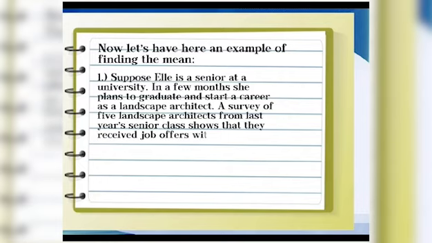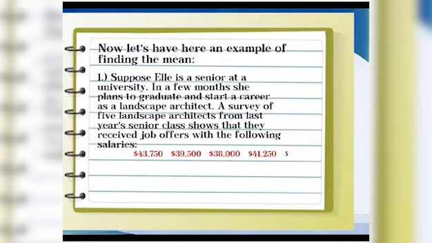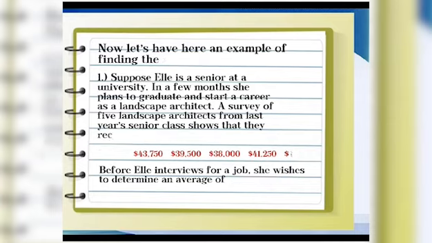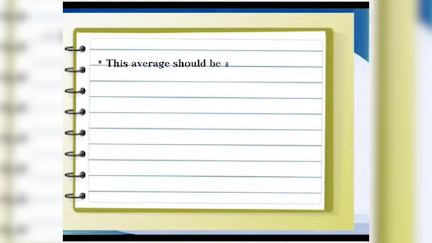A survey of 5 landscape architects from last year's senior class showed that they received job offers with the following salaries: $43,750, $39,500, $38,000, $41,250, and $44,000. Before Ellie interviews for a job, she wishes to determine an average of these 5 salaries. This average should be a central number around which the salaries cluster.